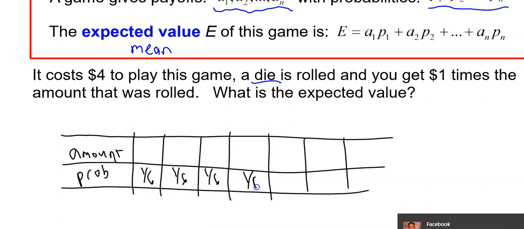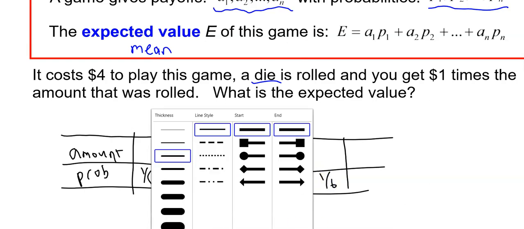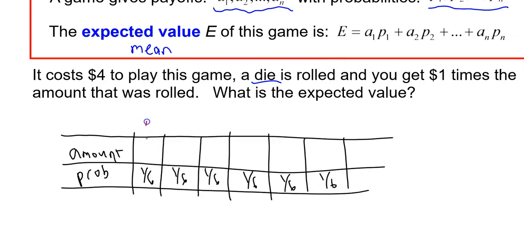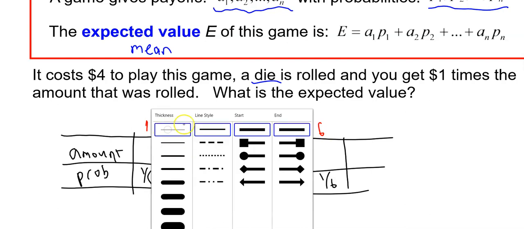They're all equally likely when you roll a die. If you want to, at the top, you could put your 1, 2, 3, 4, 5, and 6. Those are your different outcomes that you can have. But really, we want to get the amount for each one here.